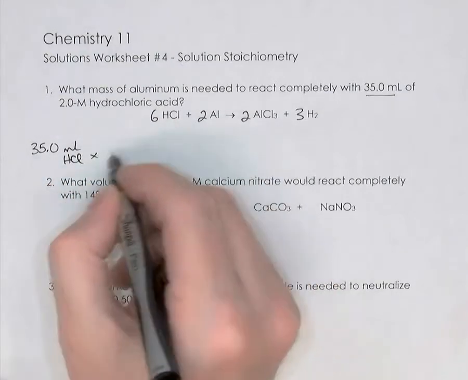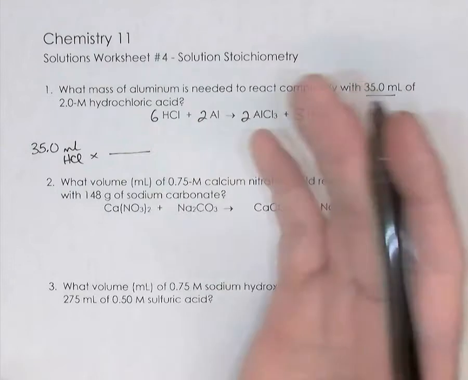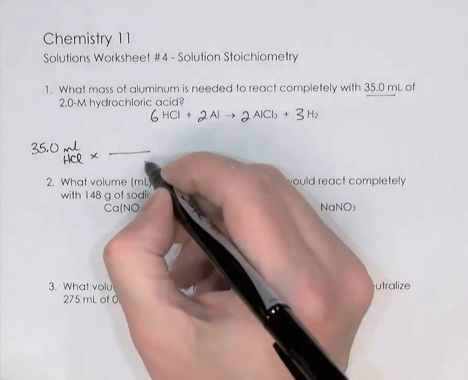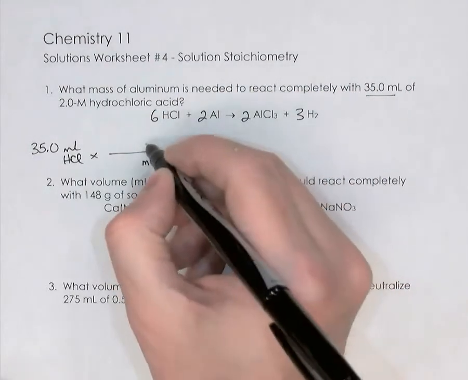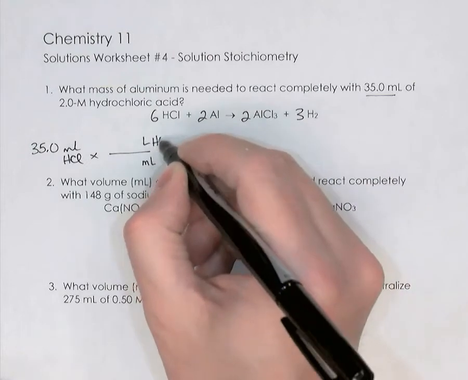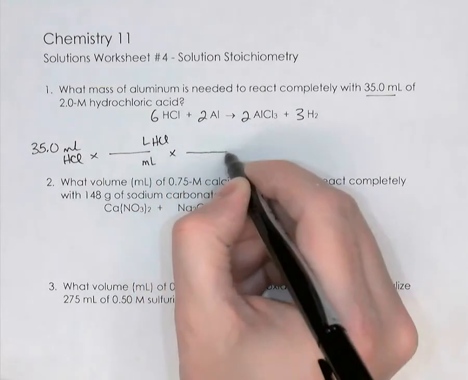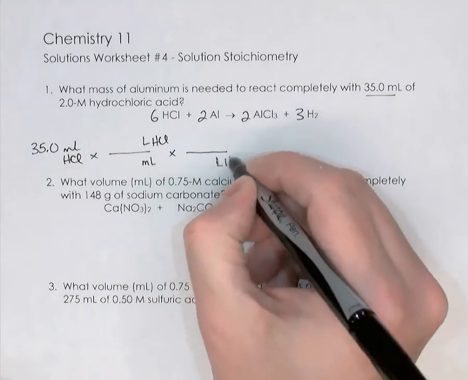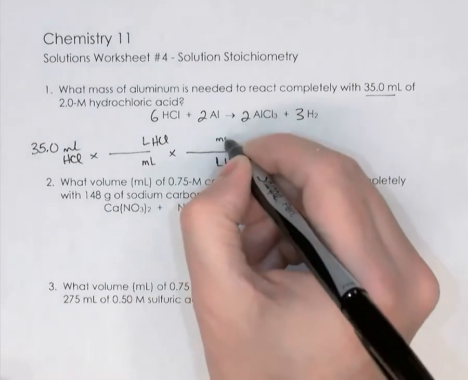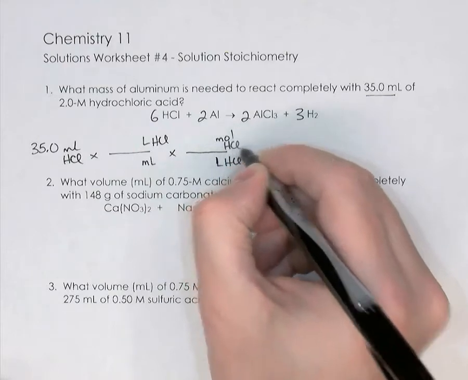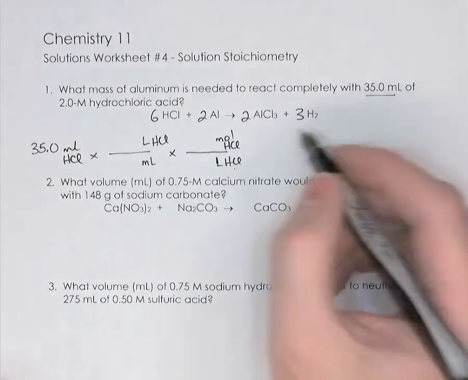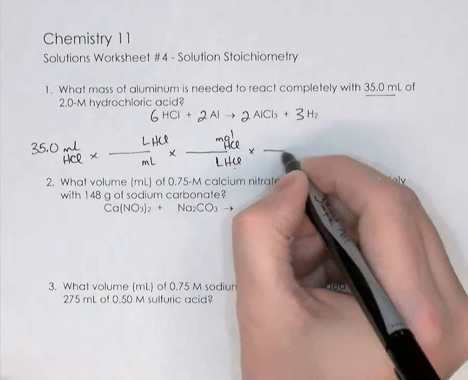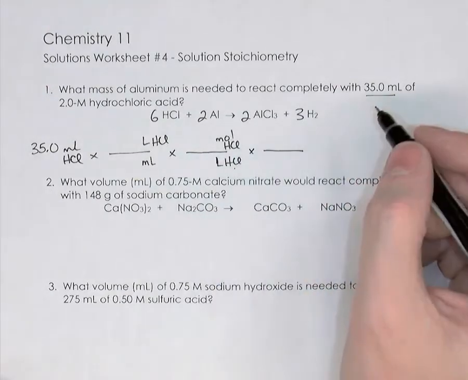Now, since molarity, the concentration, is moles per liter, let's take the volume and switch it to liters of HCl. Now we can use the concentration to switch the liters of hydrochloric acid into moles of hydrochloric acid. Moles per liter is concentration. And then here comes the stoichiometry, the reason we needed the balanced equation.